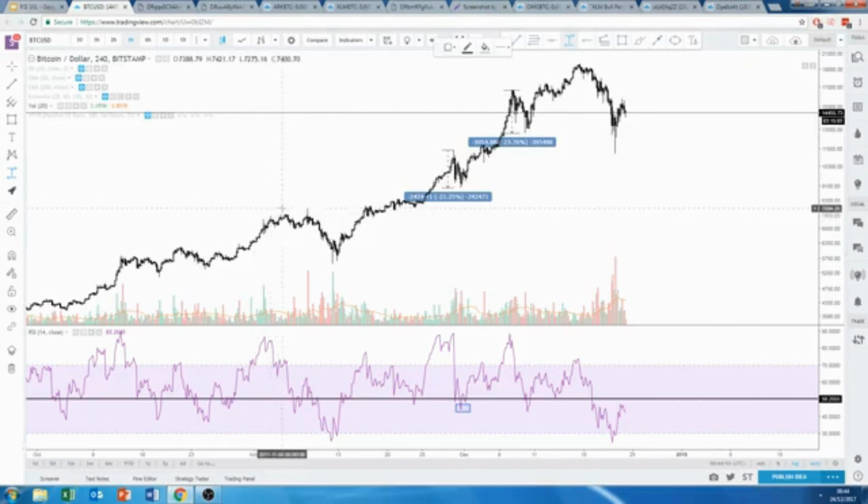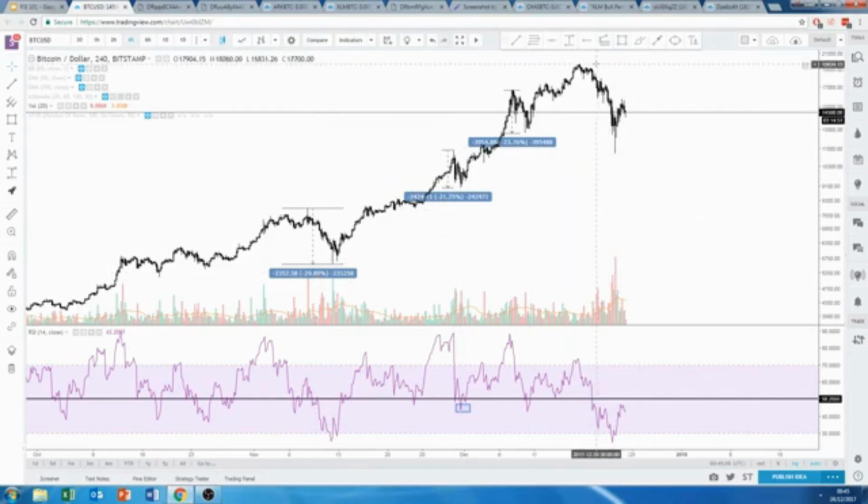Let's go from this high down here. Closer to 30%. And here, the same, the deep violation, 30%. Generally holds 21, 23. And then the most recent one, let's go from this high.